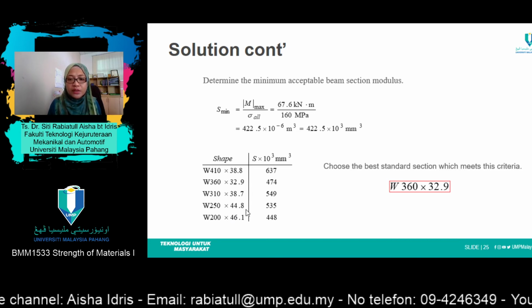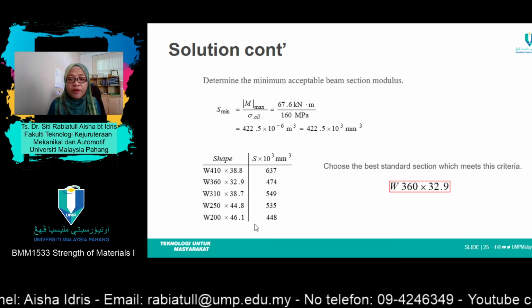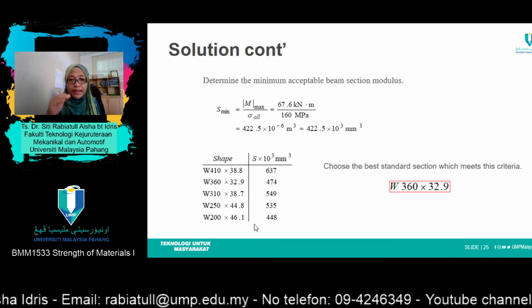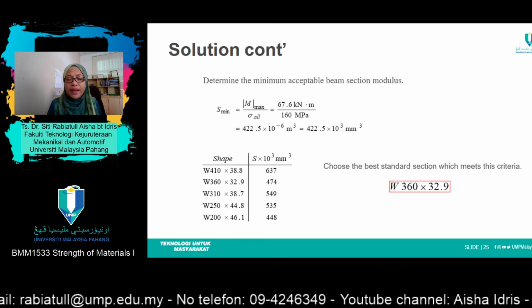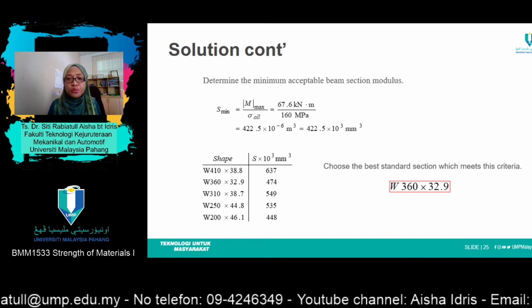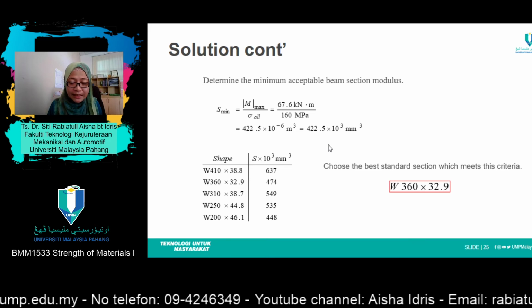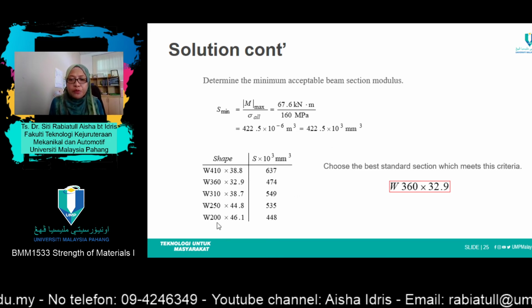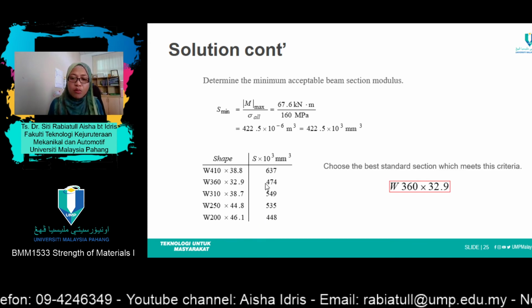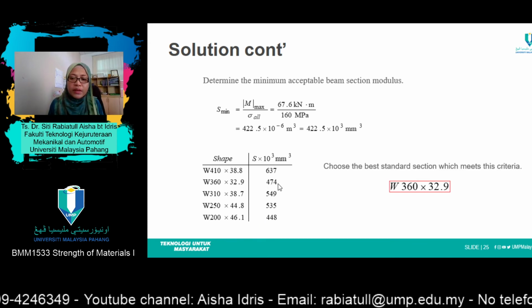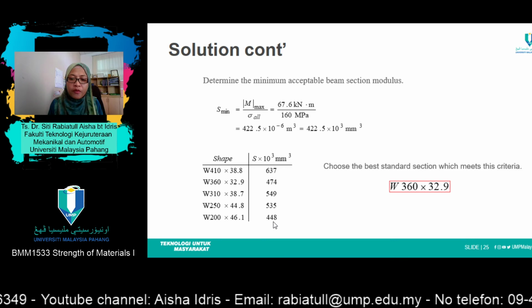So by right, you need to list it down as near as possible to the value that has been calculated. If you refer to the list here, then the nearest values would be 474 and also 448.